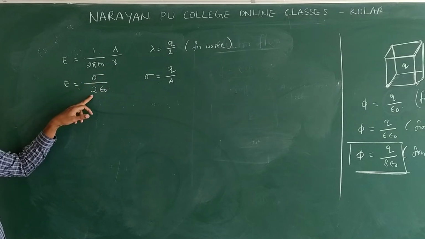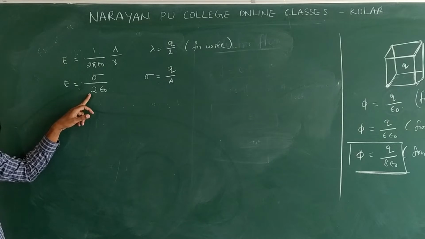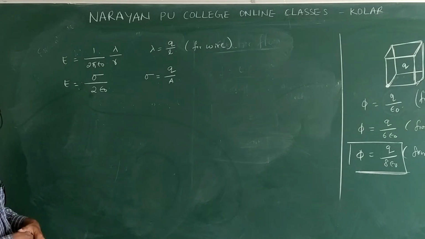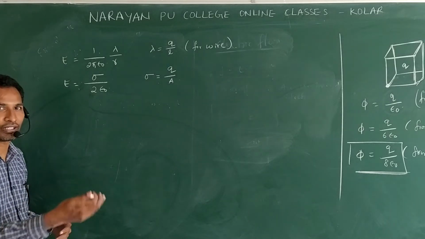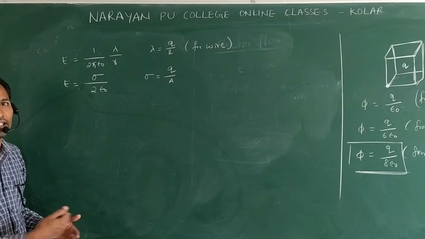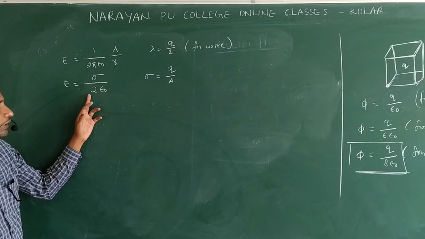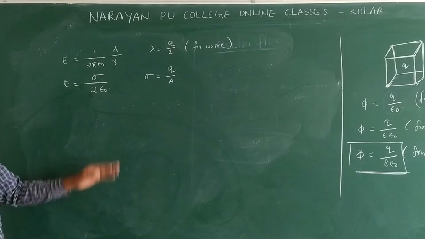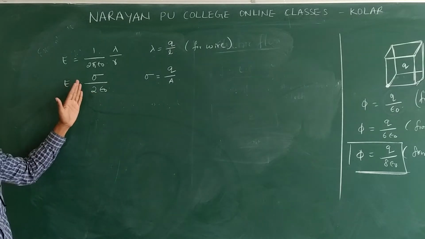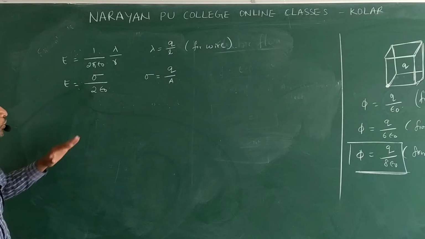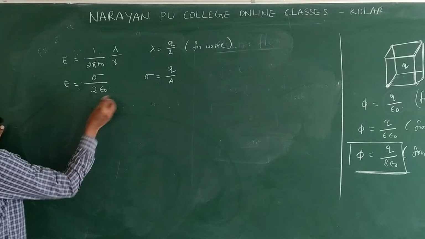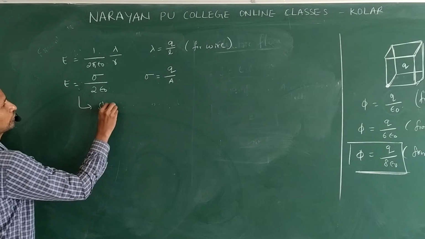But for a sheet, we do not have any distance. For an infinite sheet, distance does not matter, close or away. This does not depend on the distance. Clear? For a positive sheet you take it positive, for a negative sheet it is negative.